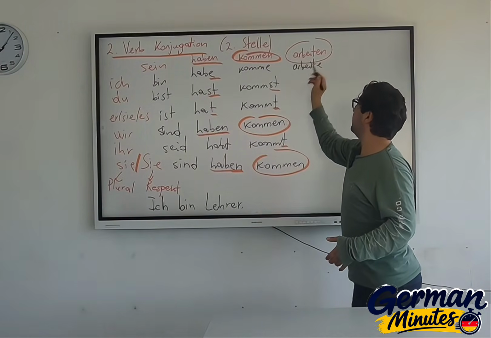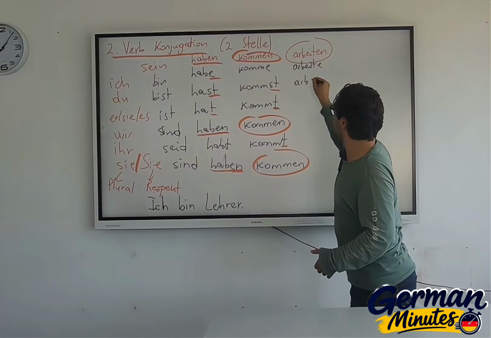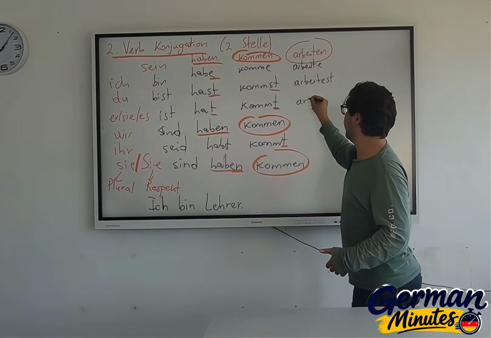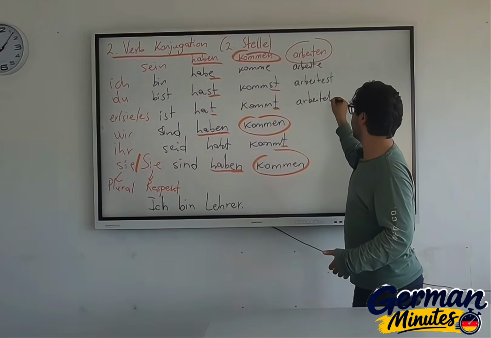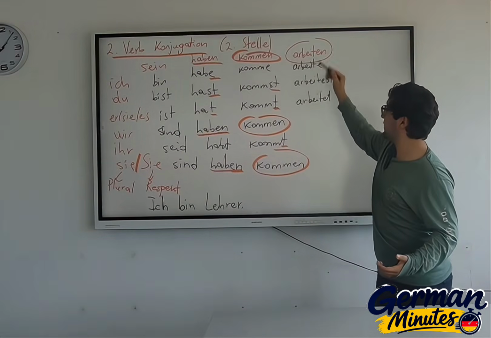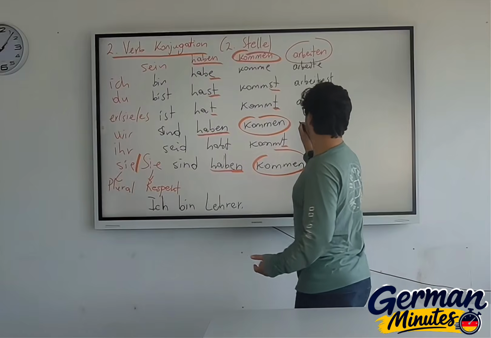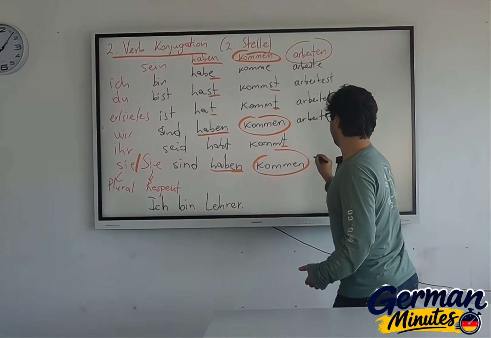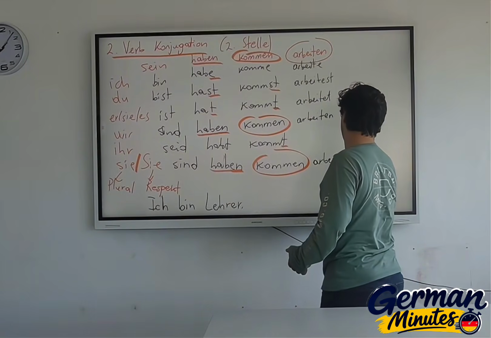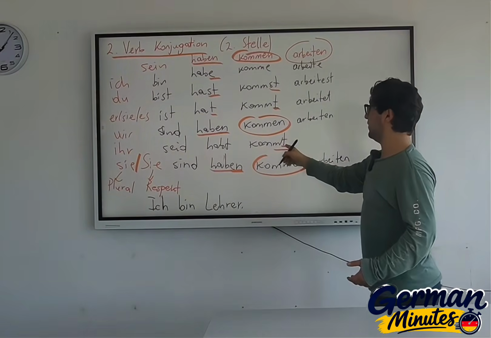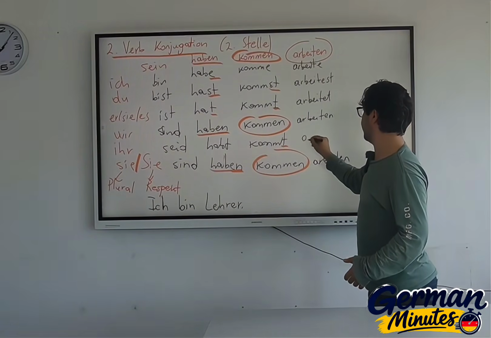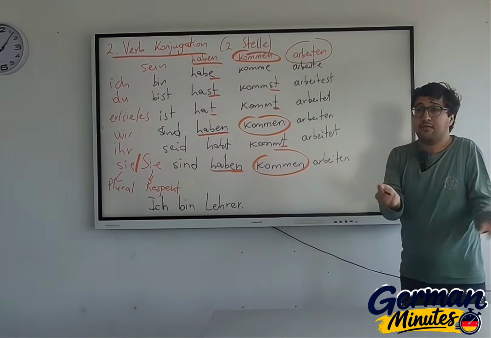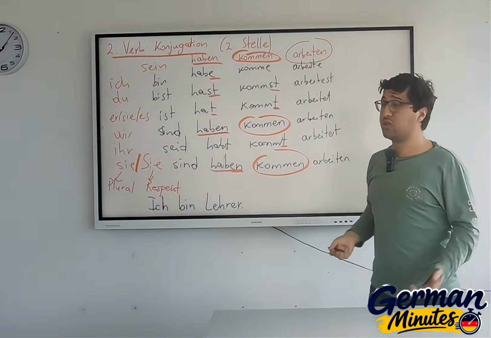Then here, ST, arbeitest. Then T, arbeitet. And then the same here, arbeiten, wir arbeiten, sie arbeiten. And so on, T again, arbeitet. As you see, same thing, same structure.